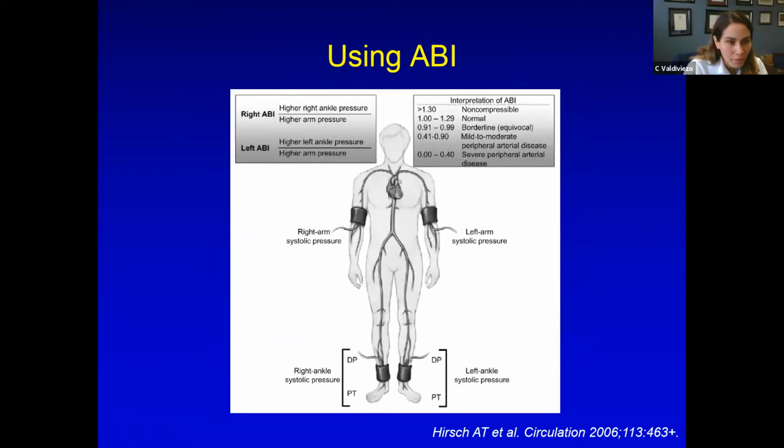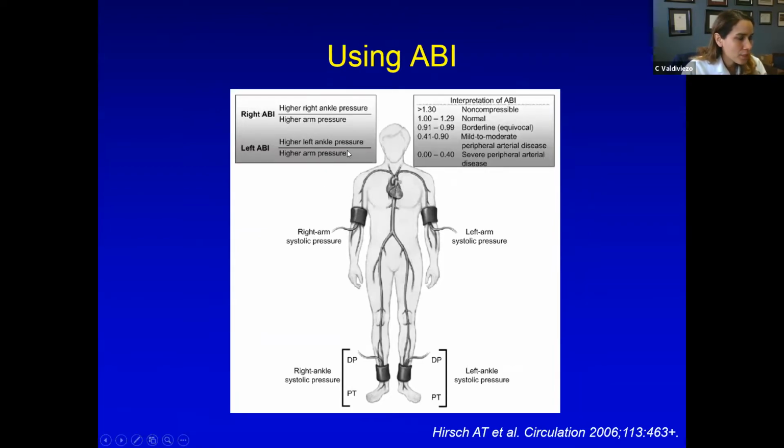So a very simple and effective screening method to evaluate for peripheral artery disease is the ankle brachial index, which can be performed in any office as long as you have a blood pressure cuff. I think in most offices we refer our patients to the vascular office for evaluation of ABIs, but it could be done in any physician's office, really.